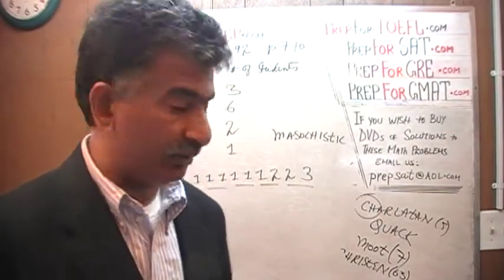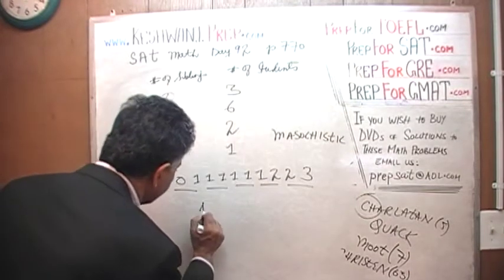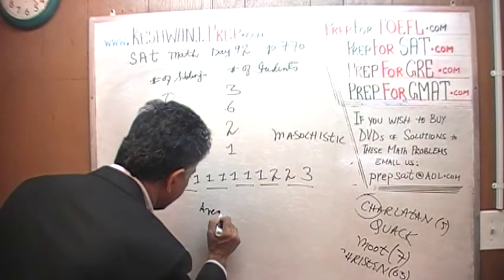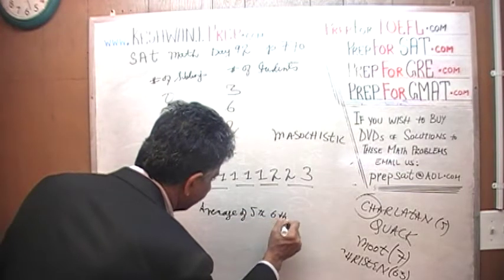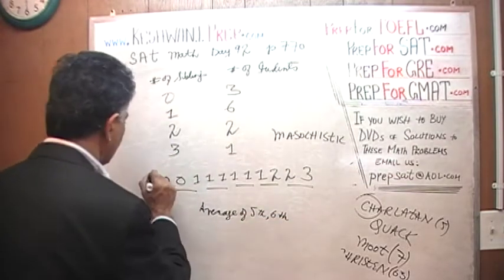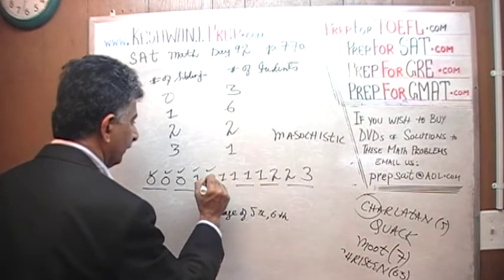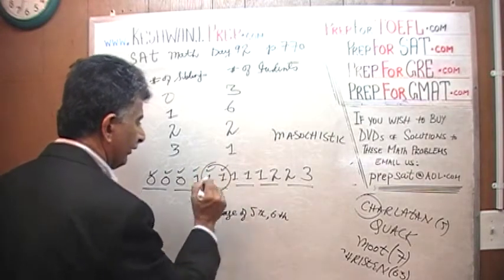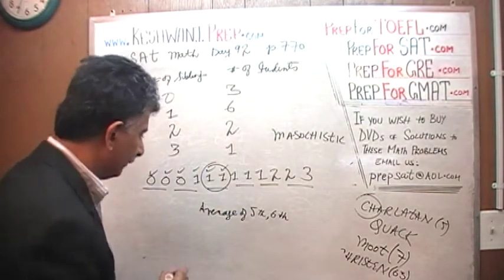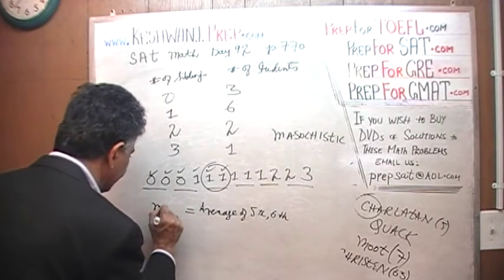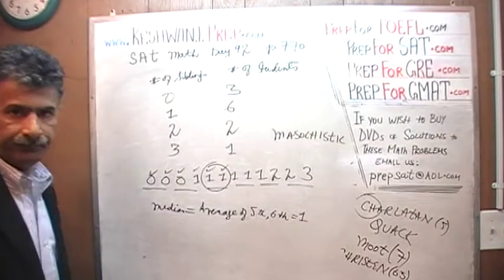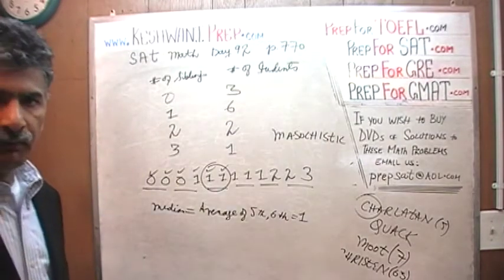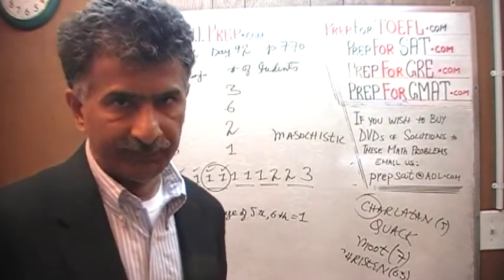Therefore, the median here is going to be the average of the 5th and 6th. 1, 2, 3, 4, 5, and then this is the 6th. The average of 1 and 1 is just 1, and therefore the median here is 1, which means the new average also needs to be 1.